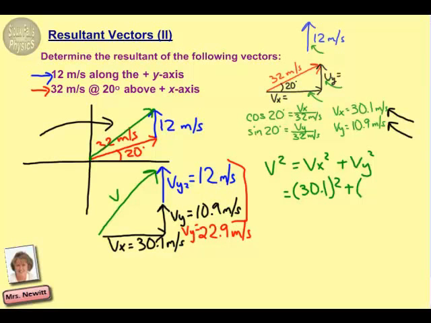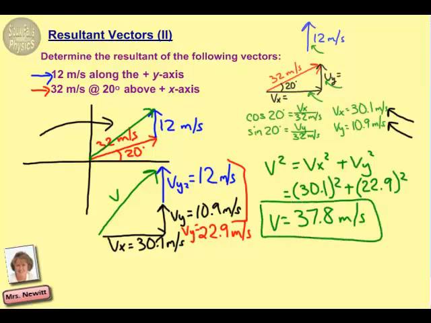In the y direction, that's the sum of our two parts together, that's 22.9. And doing the Pythagorean theorem, we get a resultant value of 37.8 meters per second.